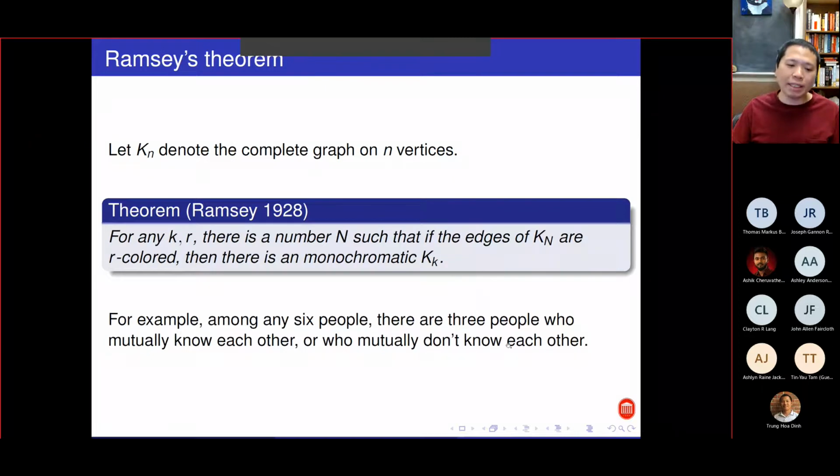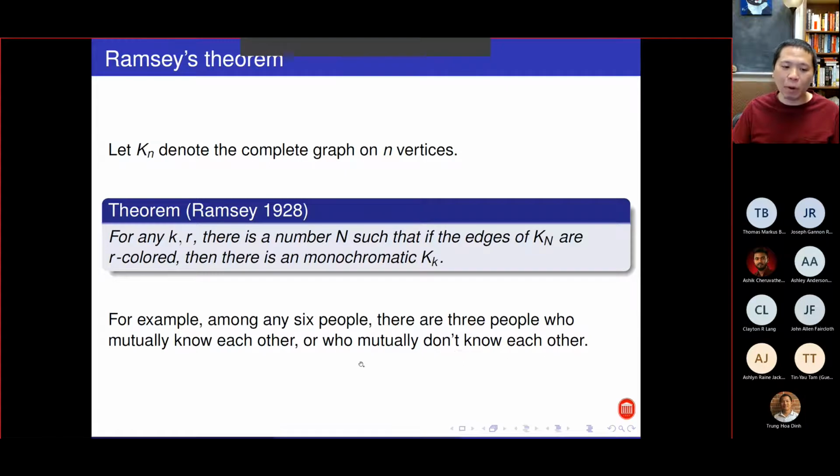So here's a special case of Ramsey's theorem. Probably most of you are familiar with this. If you take any 6 people, then you can find 3 people who mutually know each other or who mutually don't know each other, right? So we are coloring the graph on 6 vertices with 2 colors.